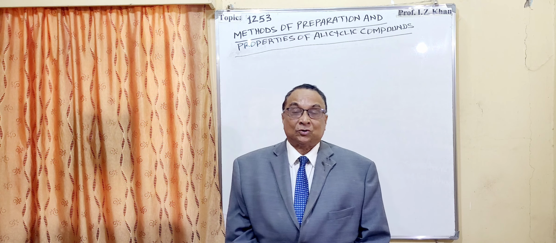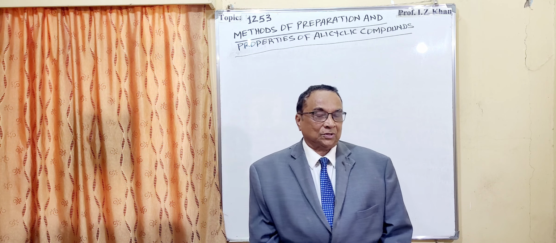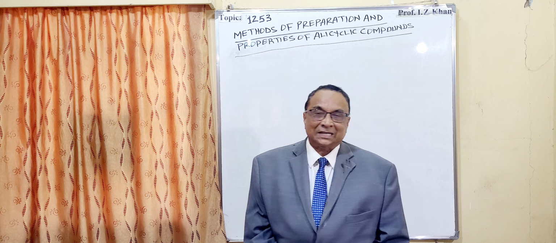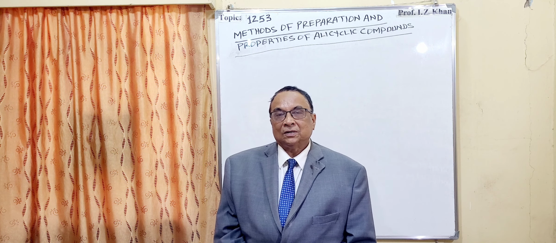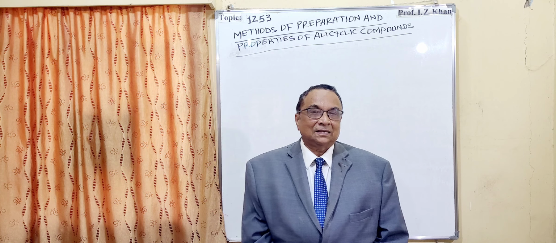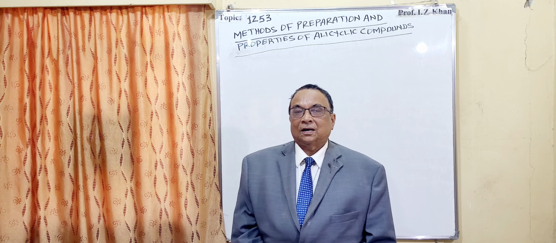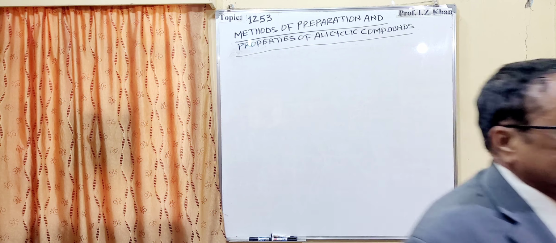Sometimes the sodium salt of a dicarboxylic acid, once it is heated, by elimination of one molecule of water will be converted into cyclopentane. So like that, so many reactions I am going to give here to prepare the alicyclic compounds.